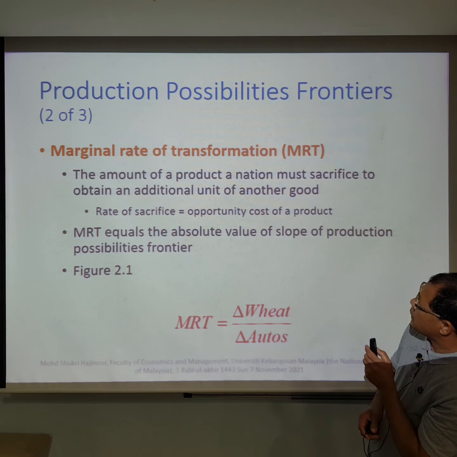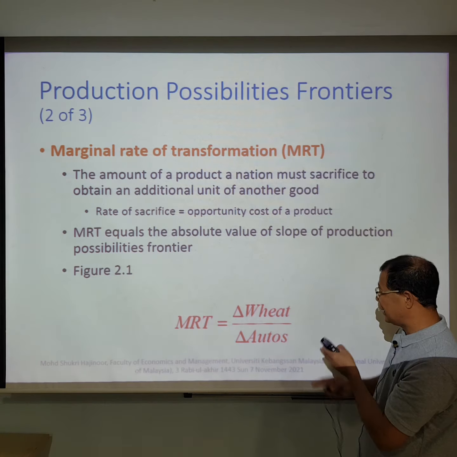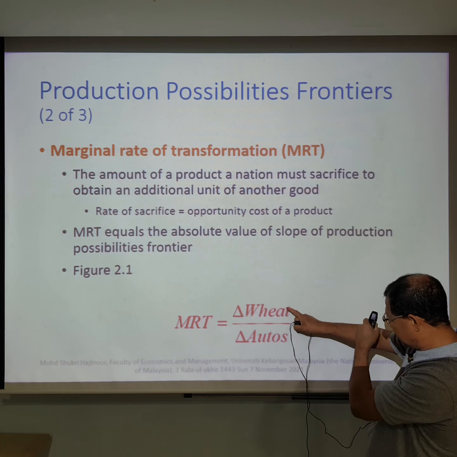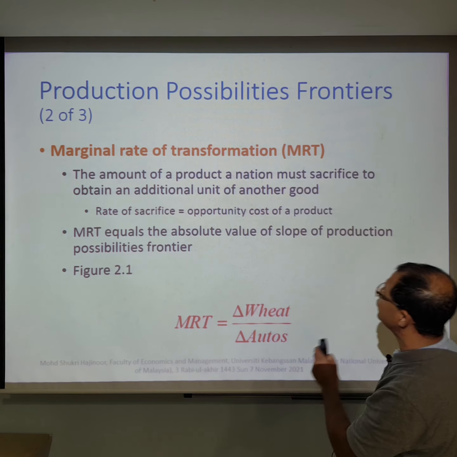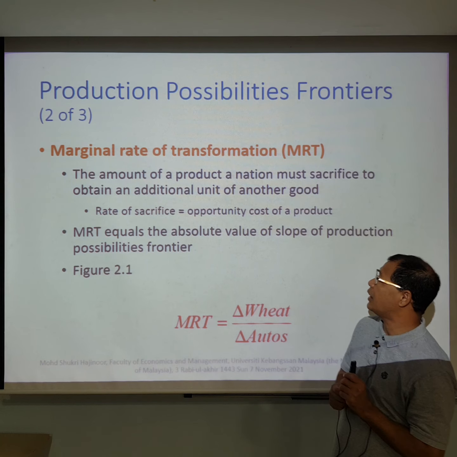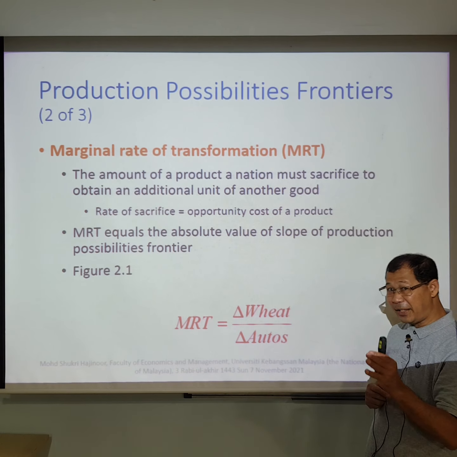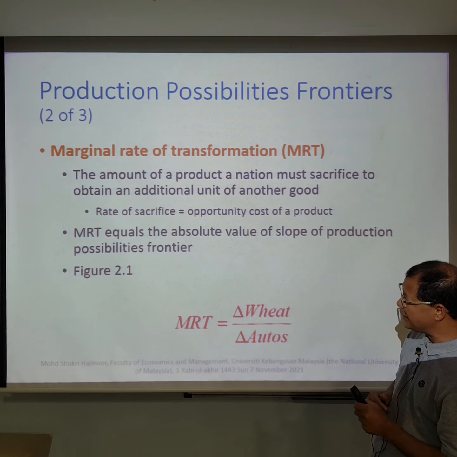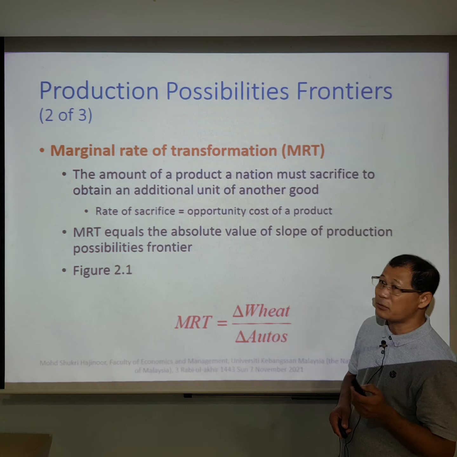The slope of that PPF line is the MRT, which is the change in wheat, X, relative to the change in autos, Y. So, the amount of product a nation must sacrifice to obtain an additional unit of another good. Rate of sacrifice, that's opportunity cost. This is the basis for specialization and trade. MRT equals the absolute value of the slope of the production possibility frontier in figure 2.1.